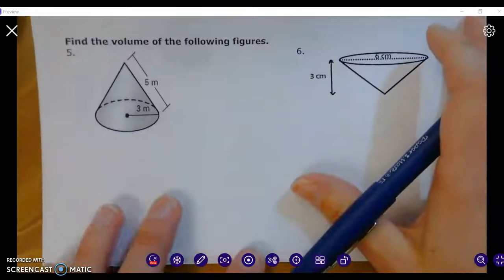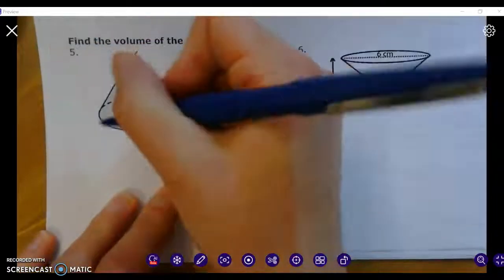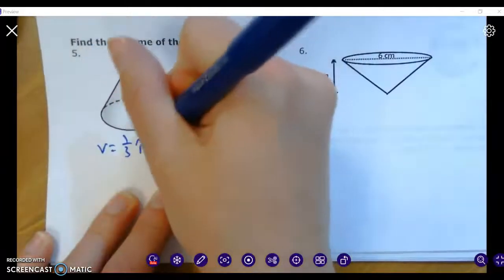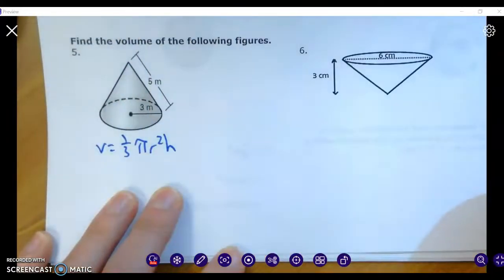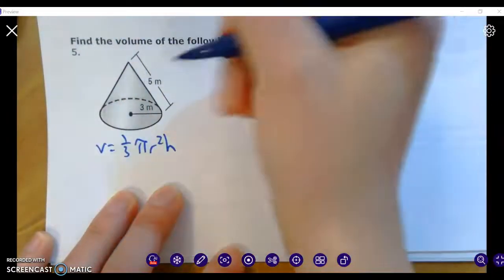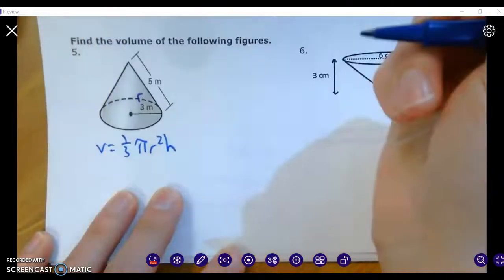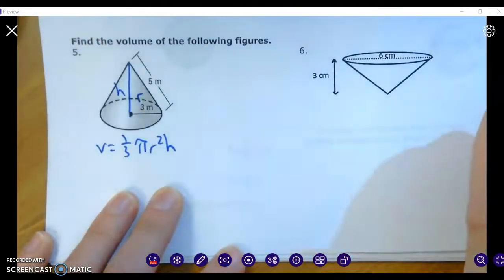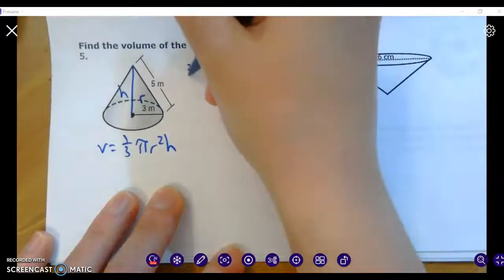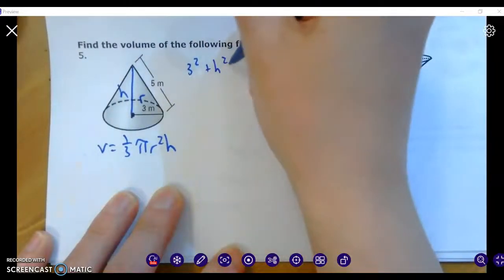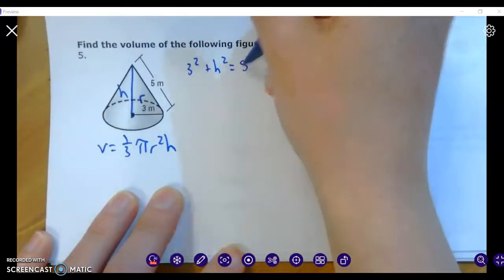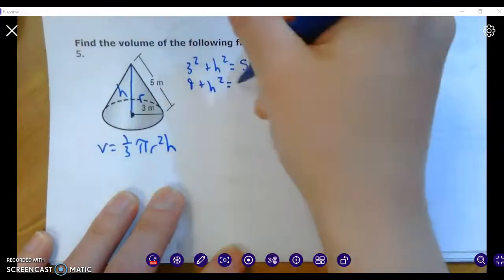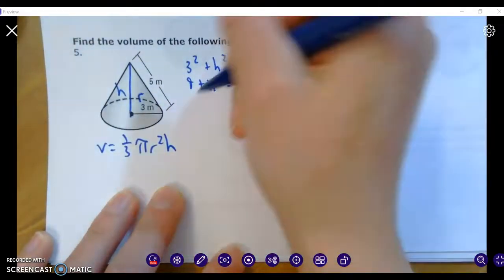Okay, question 5 is cones. So our cone formula is 1/3 pi r squared times height. So we need a couple things here. We need the radius, which is 3, and then we also need the height, which we do not have. So you know the drill. We're going to use Pythagorean theorem. 3 squared plus height squared equals 5 squared. Okay, and then solve your Pythagorean theorem.